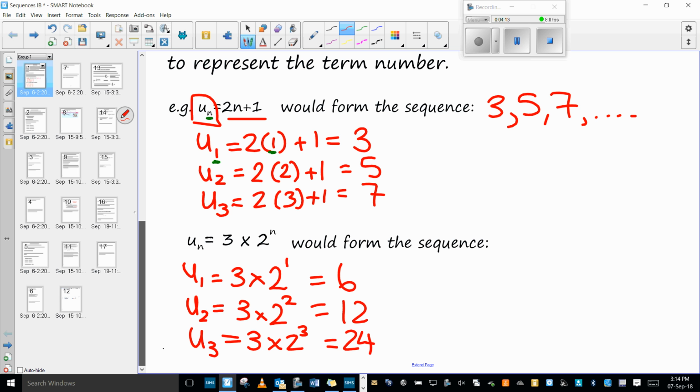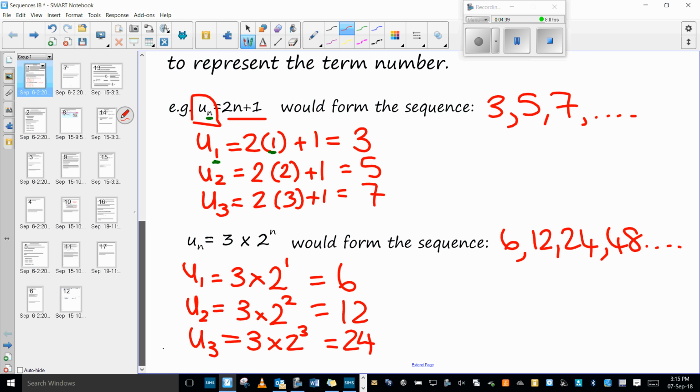What's happening to these numbers? They are being doubled. So I could be fancy and know that it would be 6, 12, 24, and the next one 48. Good.